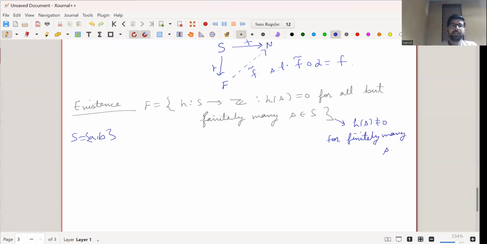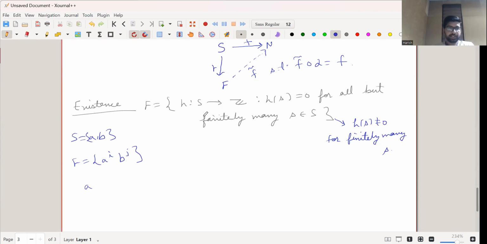So the finite free abelian group generated by S is nothing but the collection of elements a^i b^j, where i and j are varying over Z. And these indices correspond to this map.